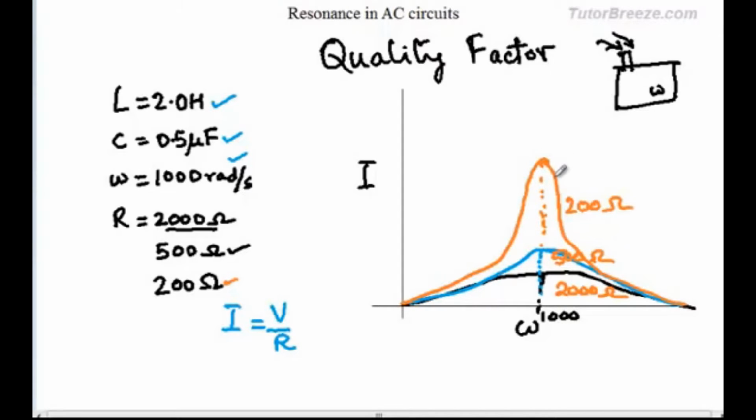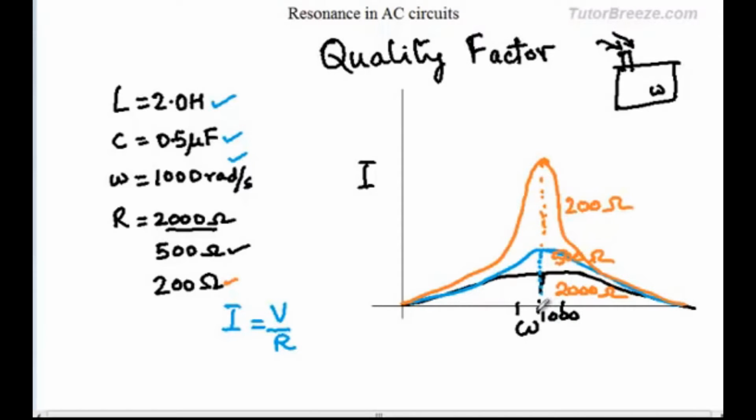But in case the resonance is sharp, then what happens? In this case, the selectivity is good. It is easy to tune in to this particular frequency because as you move away from it, the current falls sharply. See, we have two advantages.